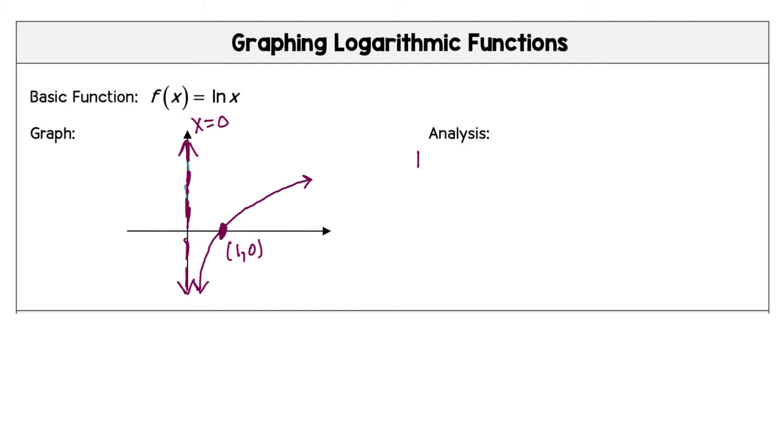The domain for this is going to be from 0 to infinity. The range for it is going to be from negative infinity to positive infinity. This is a continuous function. It is continuous. It is increasing. There's no symmetry about it. There's no extremas. It is unbounded.